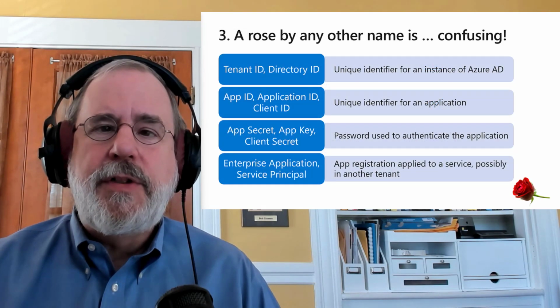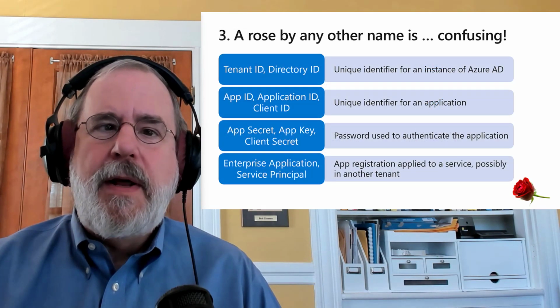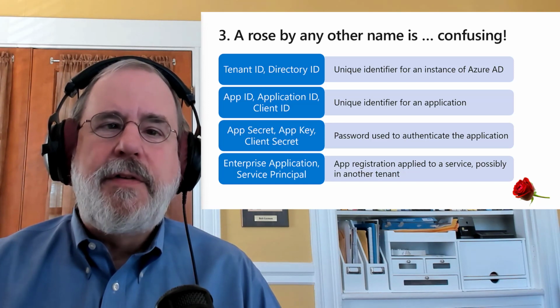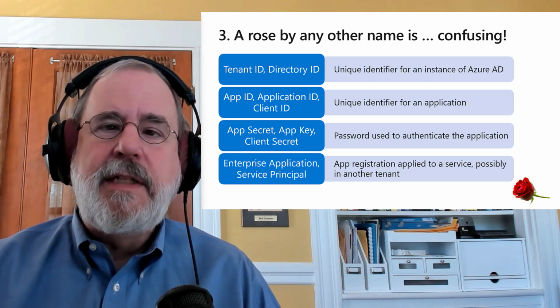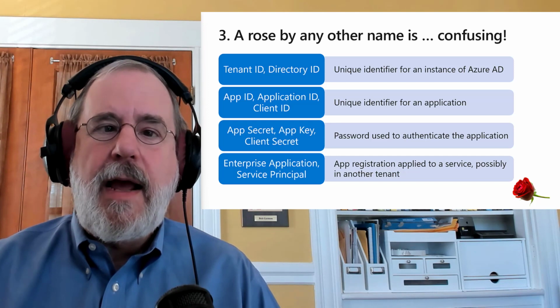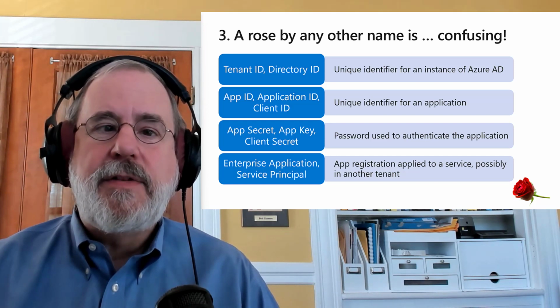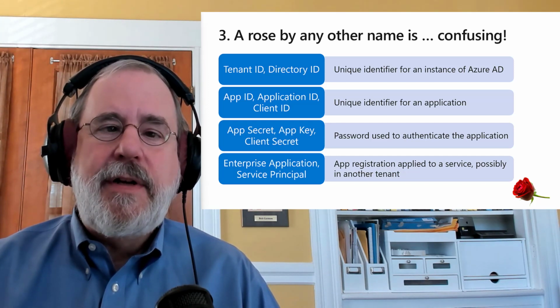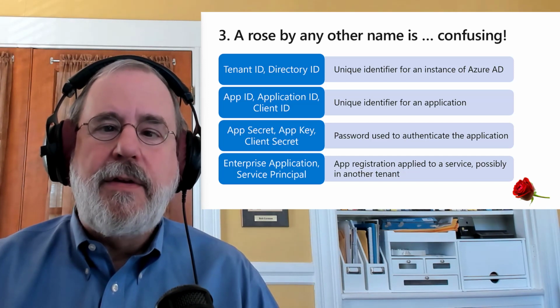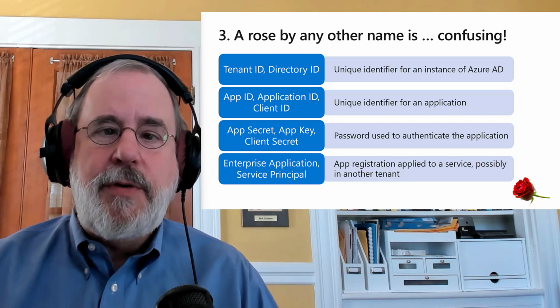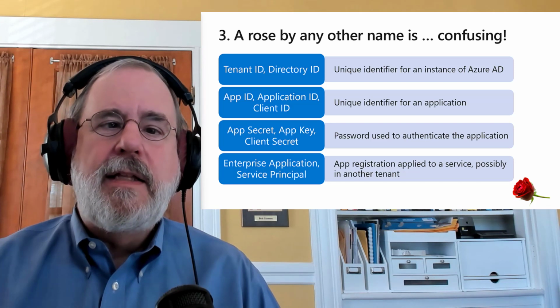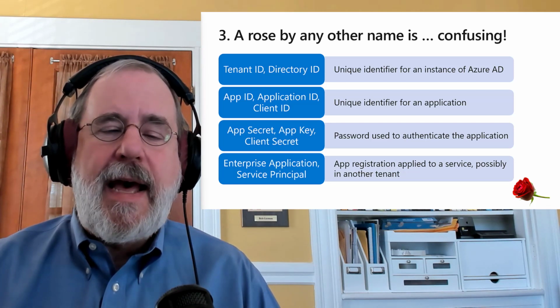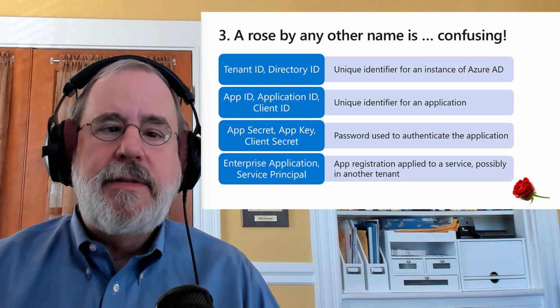Another area of confusion, and the UI has gotten much better about this, is that there are different names for the same thing that are commonly used in our documentation and in our apps, and even in the user interface. A tenant ID and a directory ID are the same thing. They're the same GUID, same globally unique identifier. Client IDs are often referred to as app IDs or application IDs.